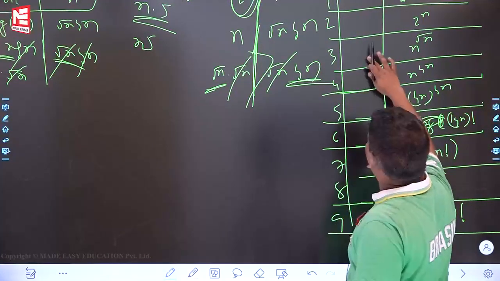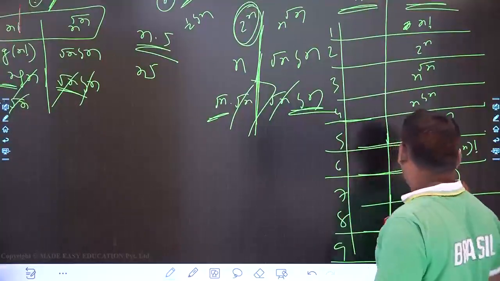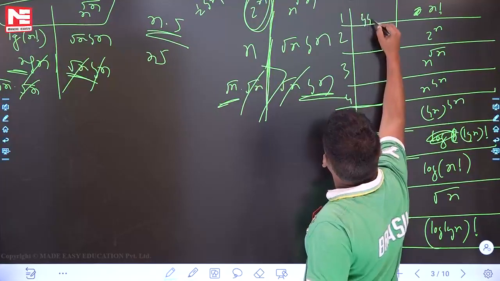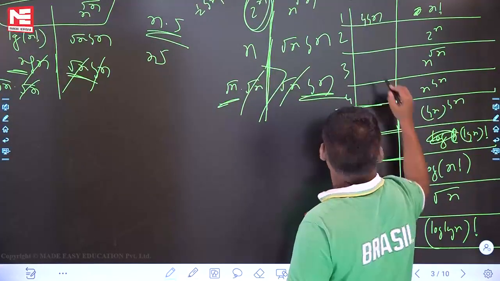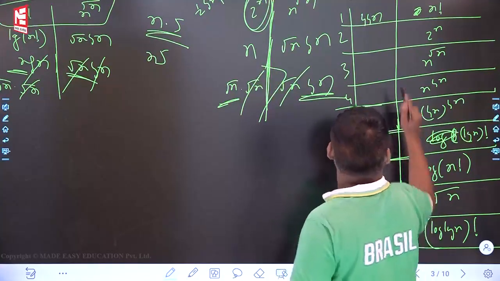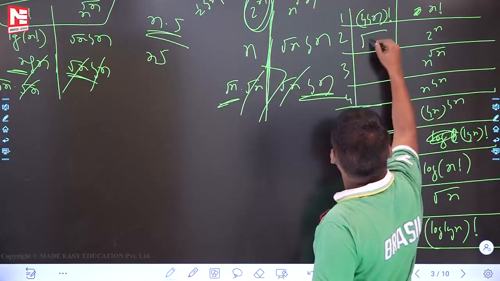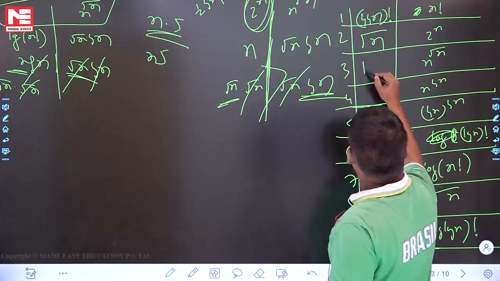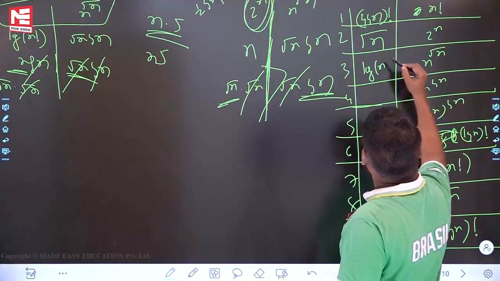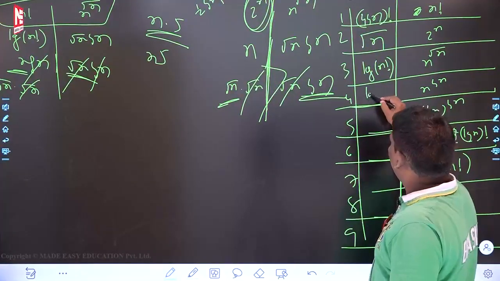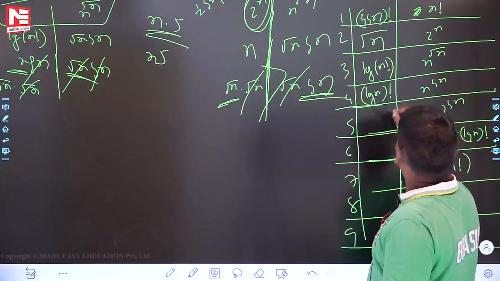This is what you want, the ascending order. Let me write in the reverse order. First one, log n. Next one, log n factorial. Second one, root n. Third one, log n factorial. Fourth one, (log n) whole factorial.